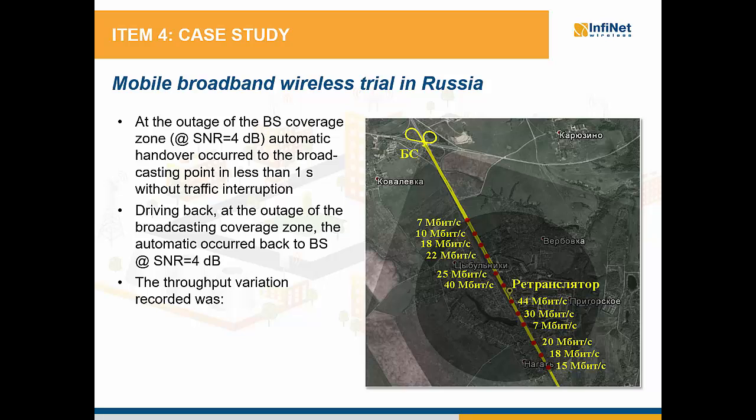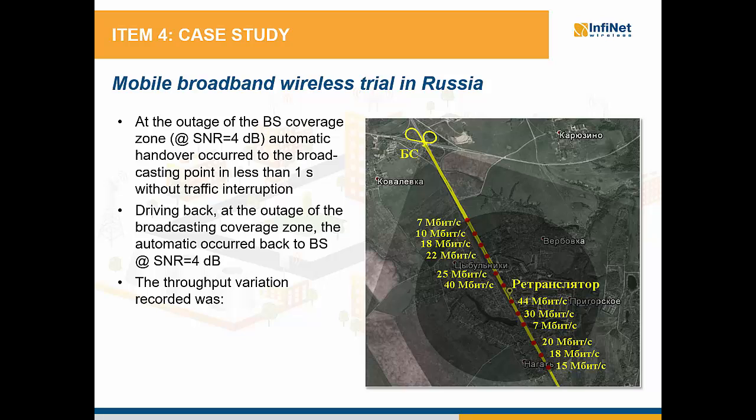In this slide, although the figures are in Russian, you can easily understand that the numbers are expressed in megabits per second. You can see the intermediate point on this map, so it's easy to see regardless of the language. The throughput values are displayed at different points on the highway, regardless of whether the moving CPE is at that moment connected to the base station or to the intermediate station.